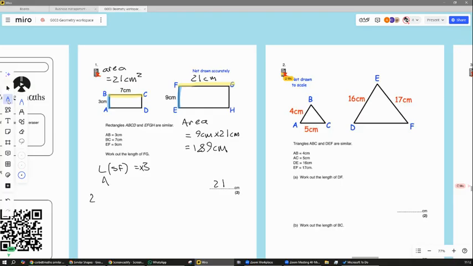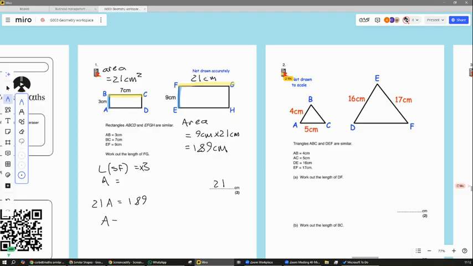So hang on a second, let's just get rid of that. The area scale factor would be whatever I'd multiply this number by to get to that. So essentially 21 times the area scale factor would be equal to 189.